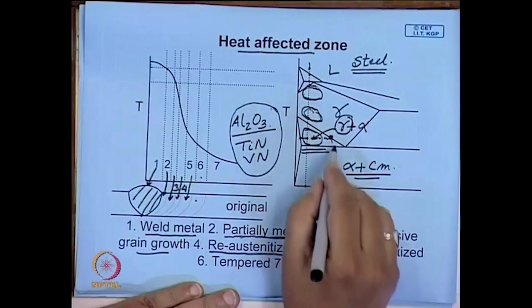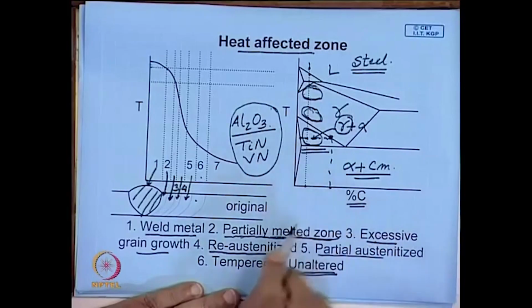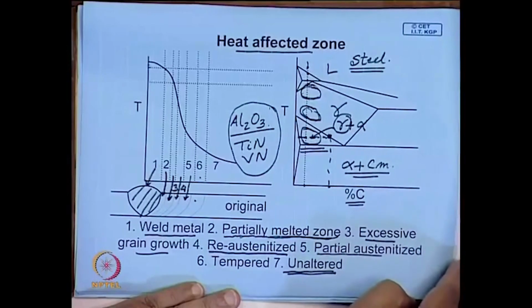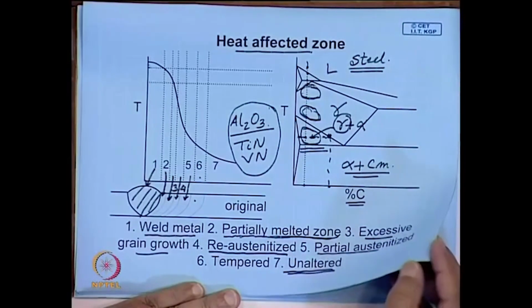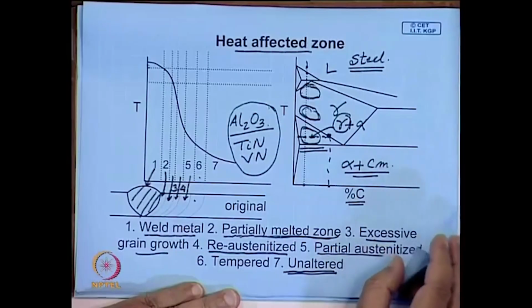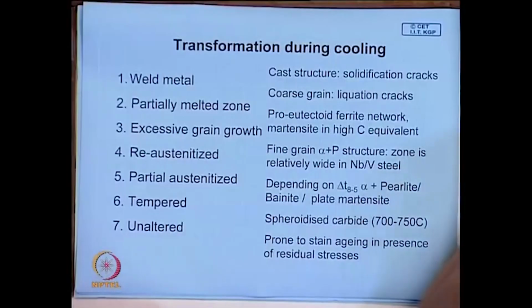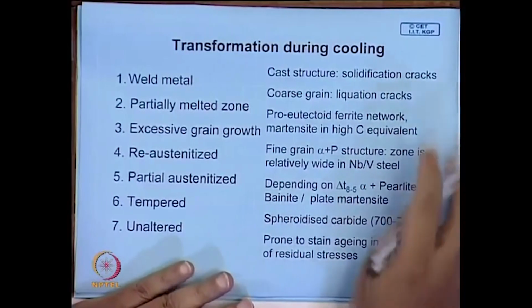So, when this is cooled, you may get some amount of martensite, or depending on the alloy content you can also get a bainitic structure. So, therefore, what you have in a welded steel in a heat affected zone is a composite structure, and these are summarized over here.